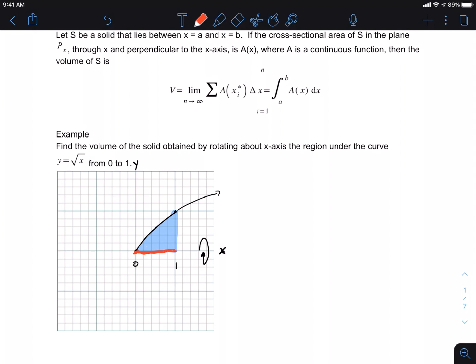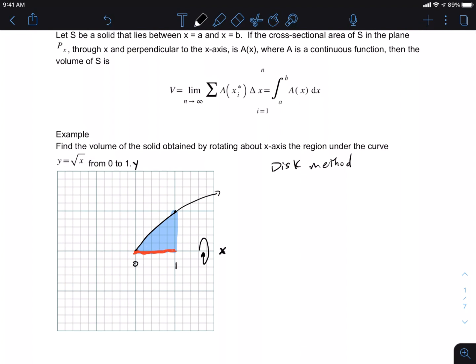So that means that when I rotate this about the x-axis, it's going to be one solid piece. Since it's one solid piece, this will be the disk method that I'm going to use. Okay? That is the disk method.